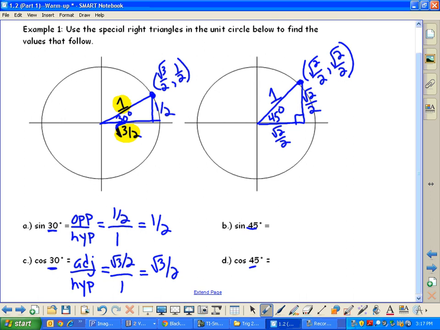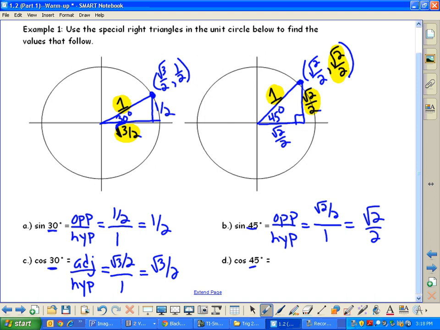So the sine of 45 degrees is, again, our opposite over hypotenuse. And our hypotenuse is always 1. And the opposite side is going to be just the square root of 2 over 2. So what you see is that when we do opposite over hypotenuse, we get the square root of 2 over 2 divided by 1. Essentially, we got the square root of 2 over 2, or the y coordinate.